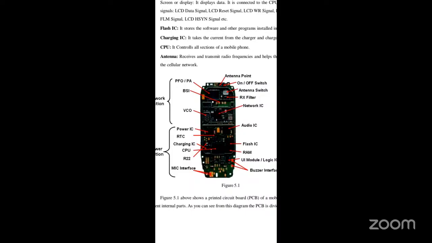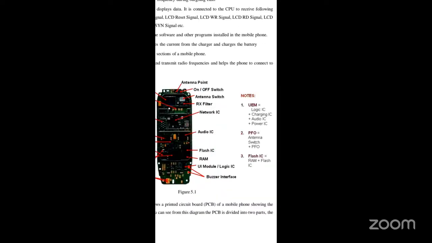Network section and power section, two major parts are there in a mobile phone. In that, what are the components involved in network function, and what are the components involved in the power section, we can observe once.